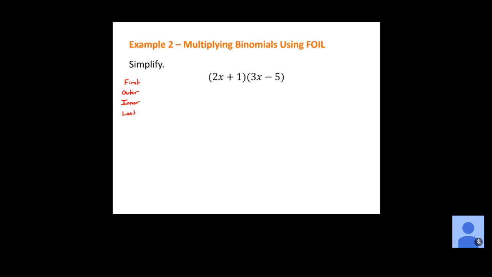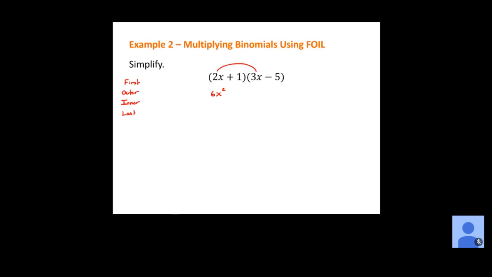So if we do our first terms this time, what are we going to multiply together? Good. The 2x gets multiplied by the 3x. What is 2x times 3x? 6x squared. Good. So 2 times 3 is 6. x times x should give us x squared.